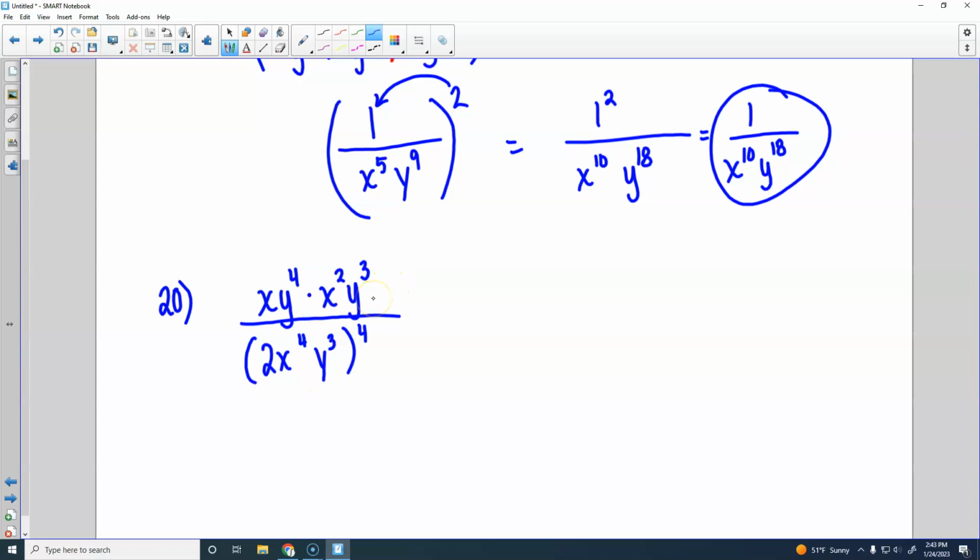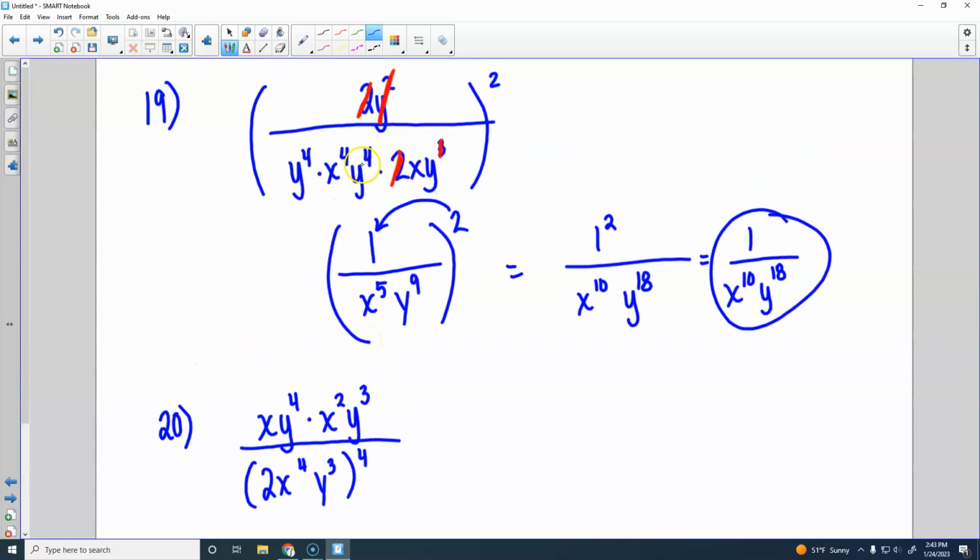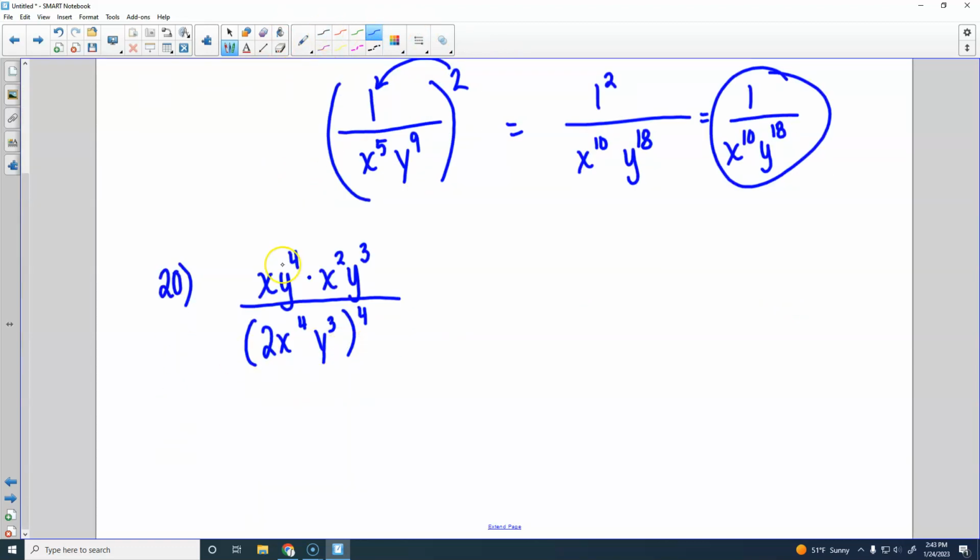I cannot. Why can I not mark out that y to the third and the y to the third on the bottom? Very good. This is being raised to the fourth power, so I can't just mark those out like I did up here, right? Because here I just had a fraction. The exponent was actually out here on the outside, so I could work on this inside stuff inside of the parentheses. I can't do that here.